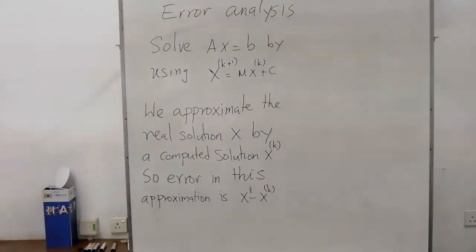So now the point is we want to estimate the error, right? In real numerical computation, you all know that you cannot compute the error. If you could compute the error, then obviously it would be easier to compute the real value rather than computing the error.